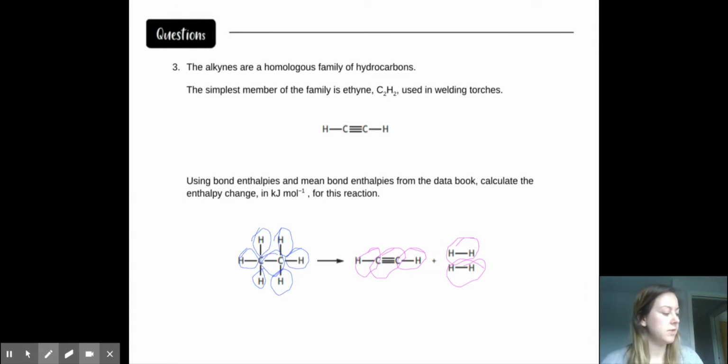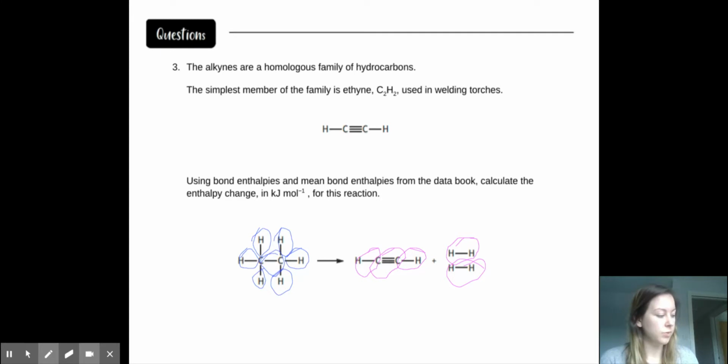Our negative side, we have a carbon to carbon triple bond, gives us a value of 838. Remember, on the right hand side, this is our negative side because the bonds are forming. So we have negative 838. Our carbon to hydrogen is going to be 412 times 2.